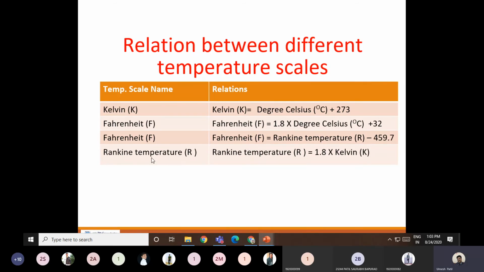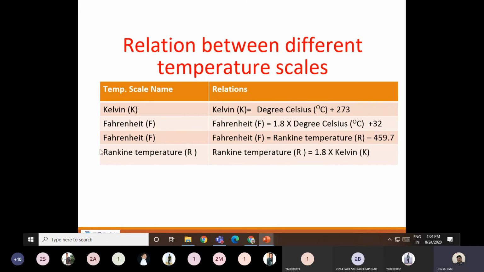And the fourth important relation, Rankine temperature and Kelvin scale. Okay, so we can convert temperature measured in Kelvin into Rankine temperature by multiplying the temperature in Kelvin with 1.8.